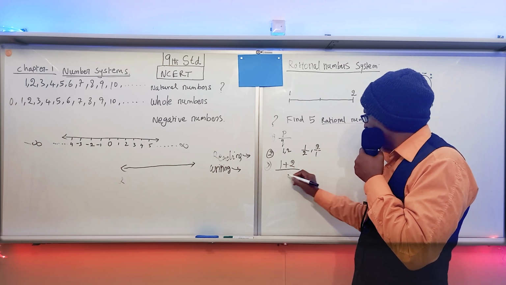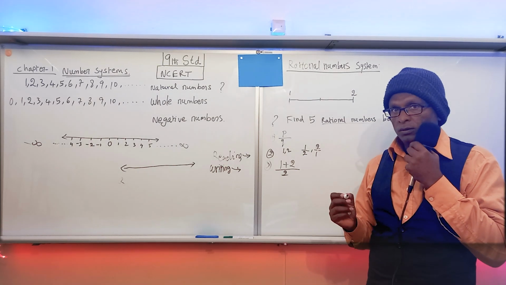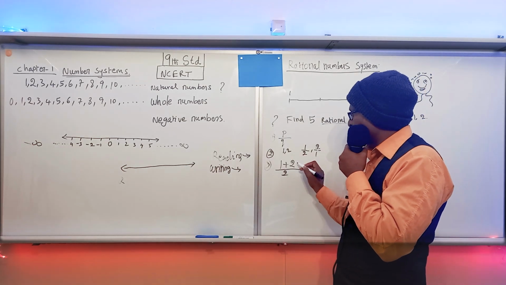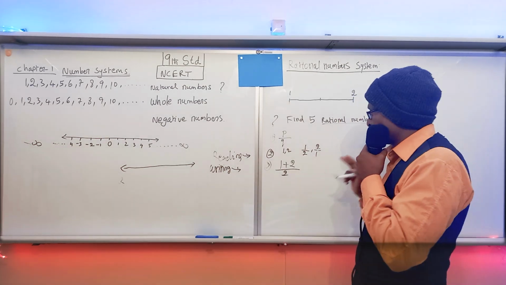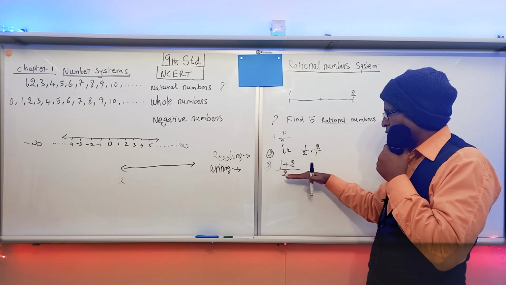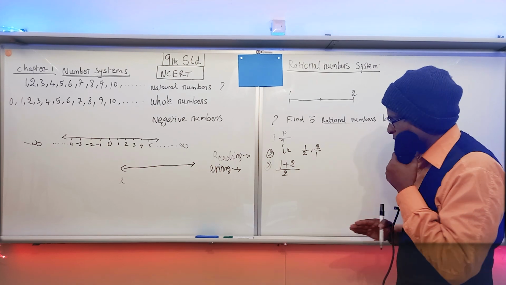That means you divide by 2. Why do we divide by 2? Why not 3? Why not 4? Because you got 1 and 2, total 2 numbers. So average means you count how many numbers you got on the top, and then divide by it, then you get the average. That's the idea.